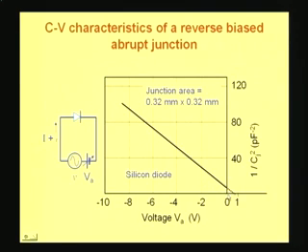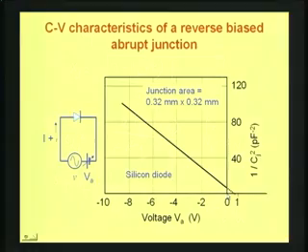Now this intercept here, if you extend this solid line and let it intersect the voltage axis, the intercept gives you the quantity psi naught. This can be seen from this particular equation.